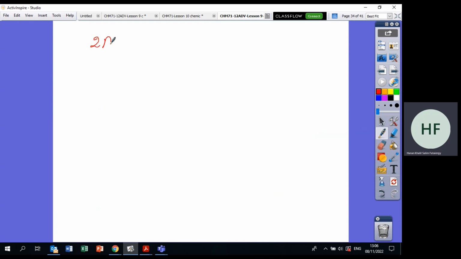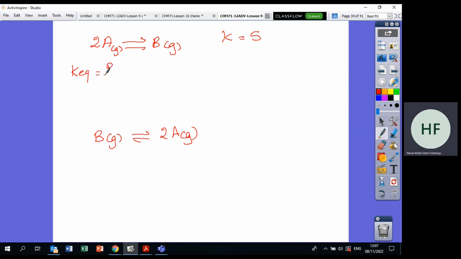by a number? If you have 2A, gas, in equilibrium with B gas, and here the K is equal to 5. Now, if I reverse the reaction, which is B gas in equilibrium with 2A gas, what is the Keq here? Keq is products over reactants, which is B over A squared.